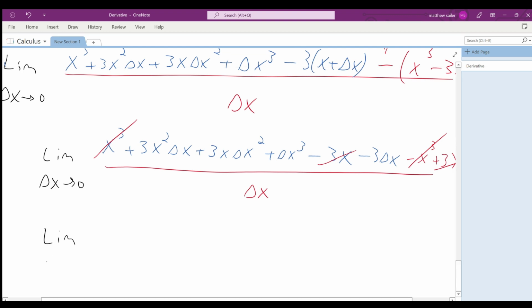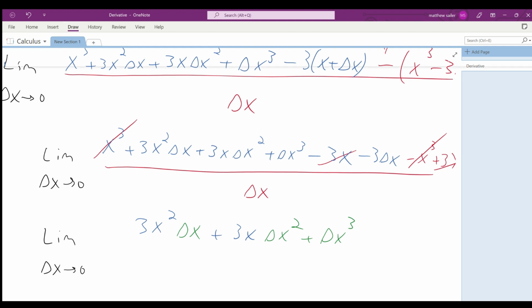The limit as delta x approaches 0 of 3x squared. Actually, I'm going to do something different. I'm going to write these delta x's in green. Delta x plus 3x delta x squared plus delta x cubed minus 3 delta x.